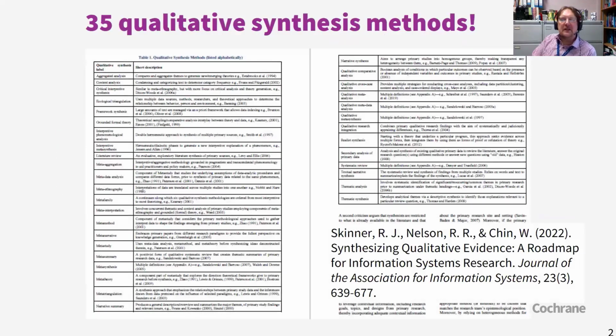But there are a lot of synthesis methods to choose from. Here's a listing of allegedly 35 qualitative synthesis methods. So the good news is that the Cochrane group is mainly promoting 3 main types: framework and thematic for those being used for practical recommendations, and meta-ethnography where conceptual understanding is more important.